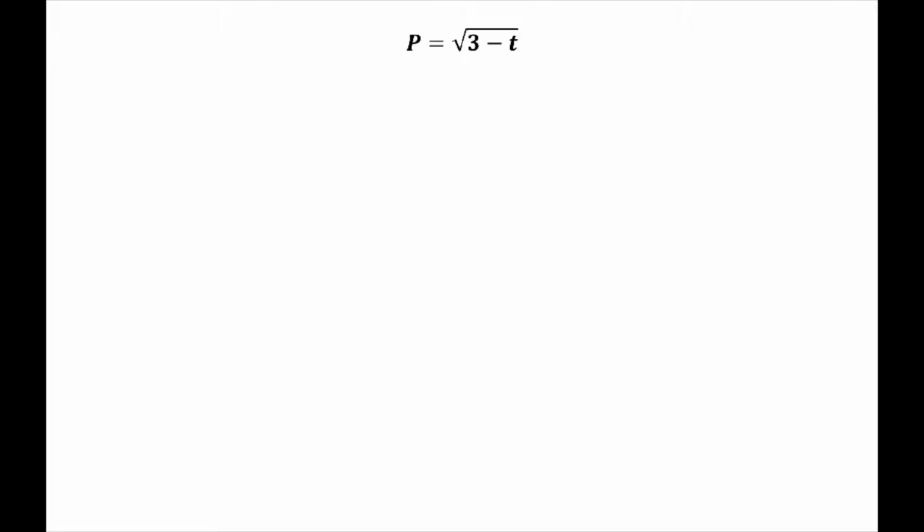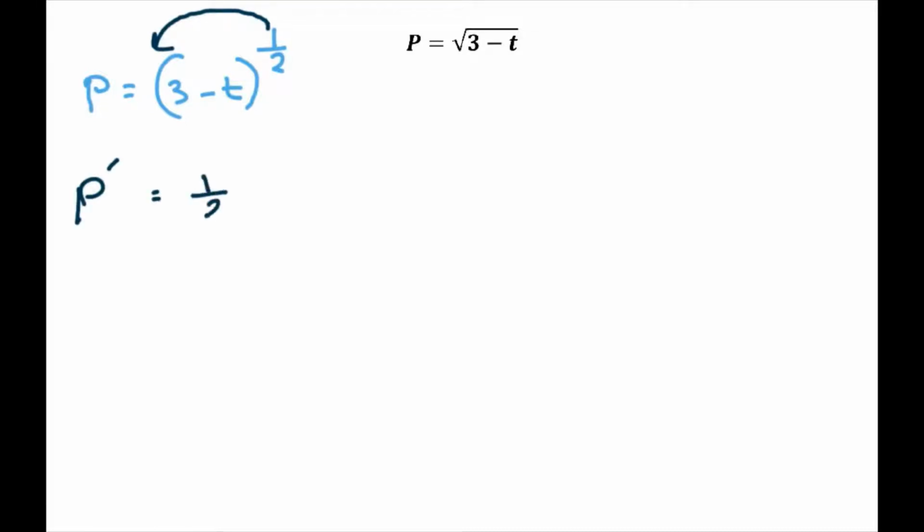But I want to first write it as an exponent, to the power of 1/2. Now, in order to find the derivative, I'm taking 1/2 down, and I'm going to reduce 1/2 by 1. So 1/2 minus 1 is negative 1/2.